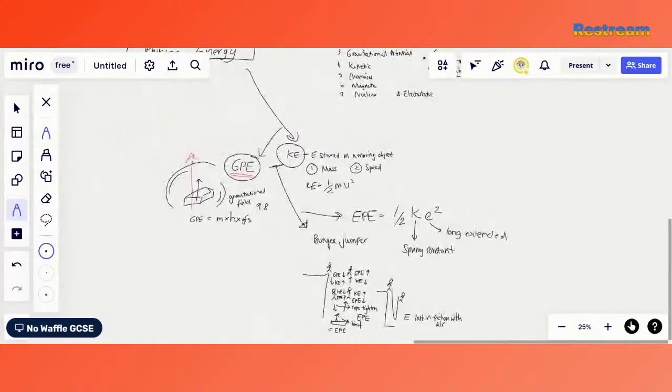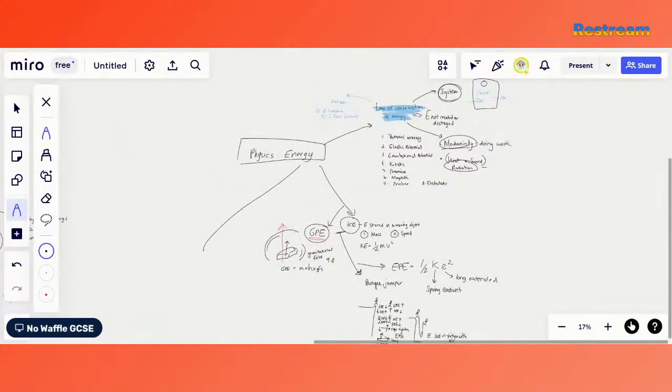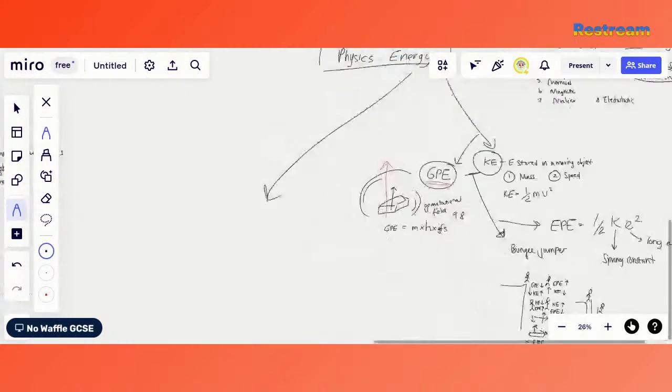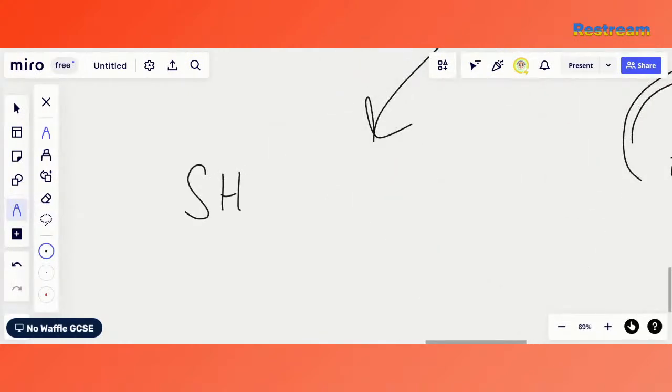We're now going to look at specific heat capacity. So specific heat capacity has quite a long-winded definition for you to know.